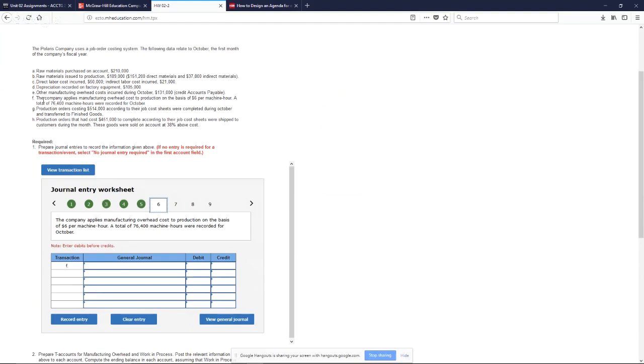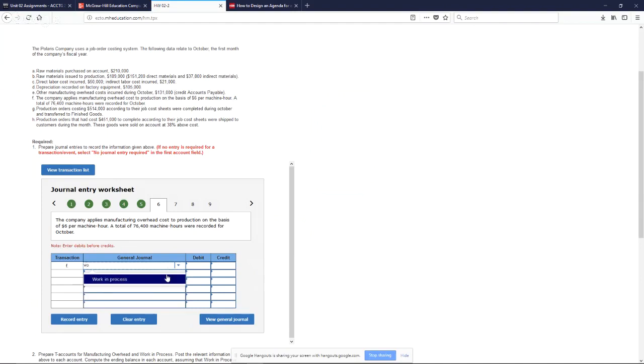So this one here is where you take your machine hours times your predetermined rate, and the manufacturing overhead cost is determined and debited to work in process, and then it's credited from manufacturing overhead, because this is the predetermined rate that they're applying to production.